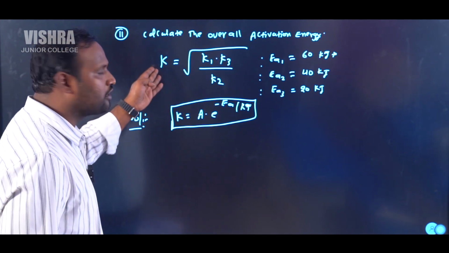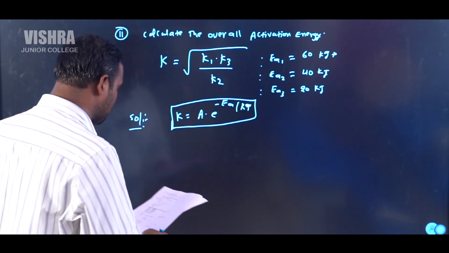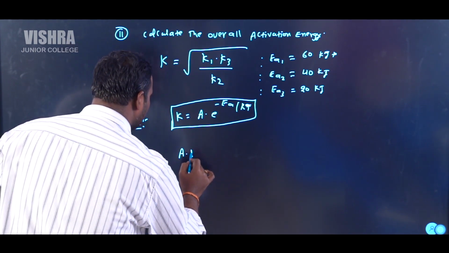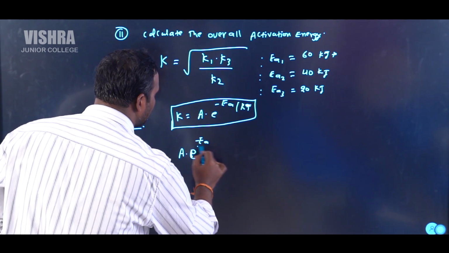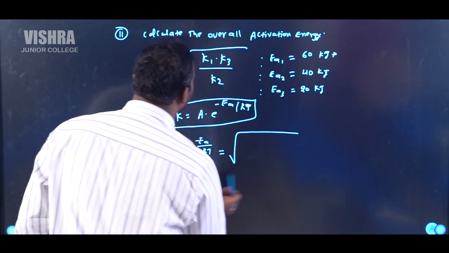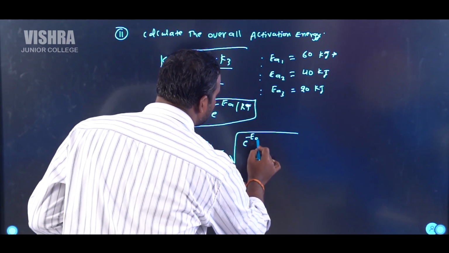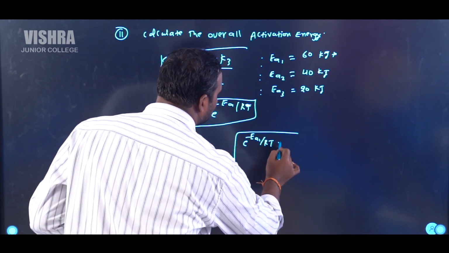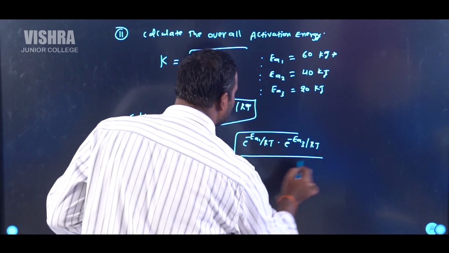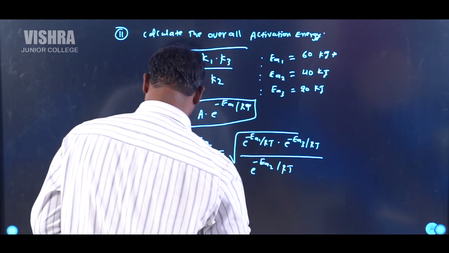So they gave the overall rate constant K is equal to the square root of K1 into K3 by K2. Here we can write K as A into e power minus Ea by RT, that is equal to the square root of, in place of K1, e power minus Ea1 by RT into e power minus Ea3 by RT by e power minus Ea2 by RT.